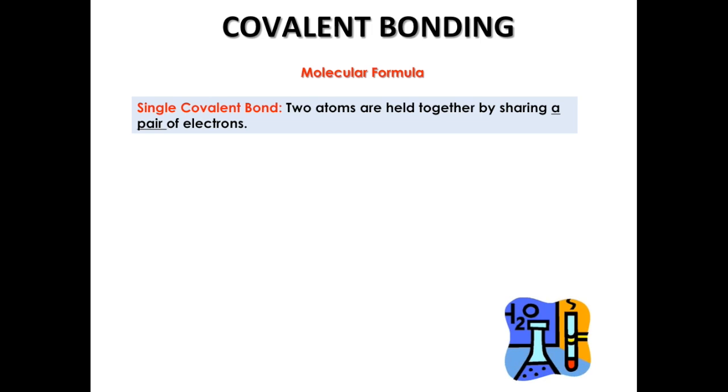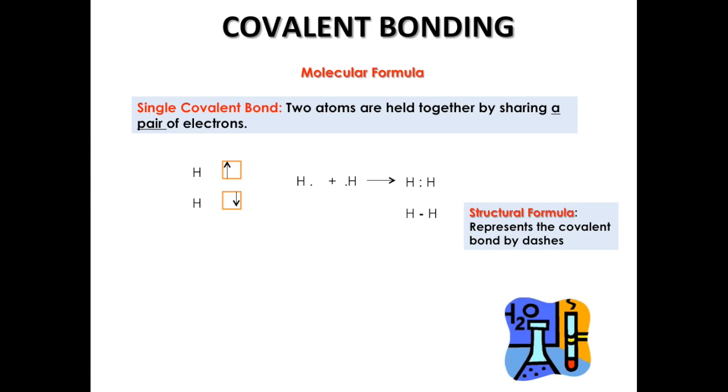Now, we can have a single covalent bond, which is when 2 atoms are held together by sharing a pair of electrons. In our example, we have hydrogen with 1 electron each one. They will share their electron to attain the octet rule, in this case, the structure like helium, that is 2 electrons.